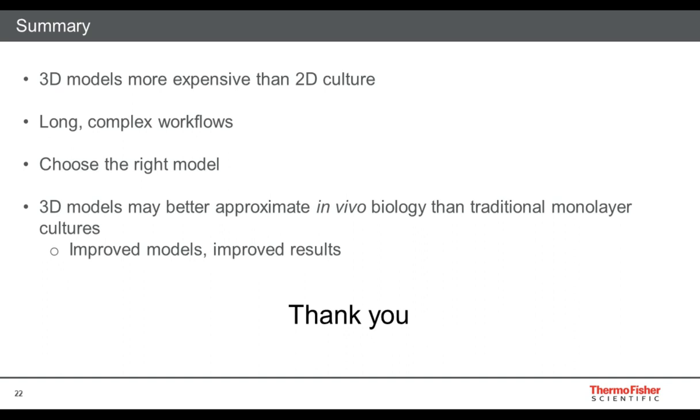And even more so, most of these models tend to only recapitulate the epithelial compartment of a given organ system. So what that means then is that they tend to have fewer cell types.